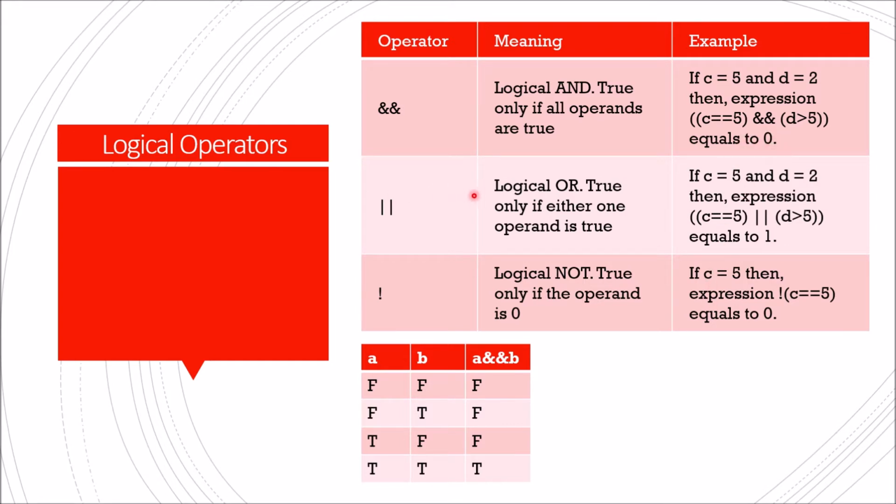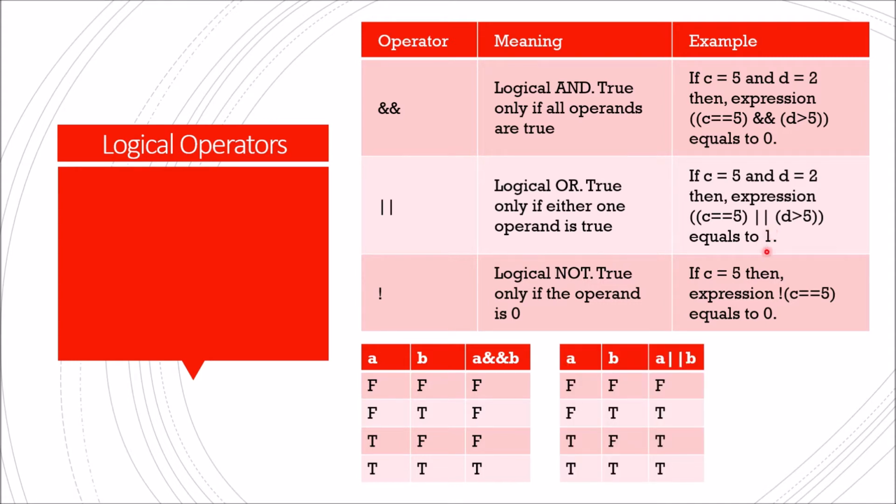Now we have a logical OR. This one will return the value of true whenever any of the operands is true. So let's see the table. Here we have operands A and B, and it will be true in all of the cases in which any of the operands is true.